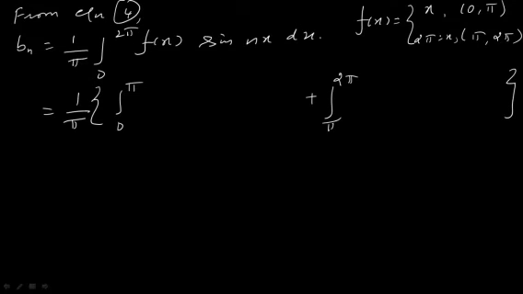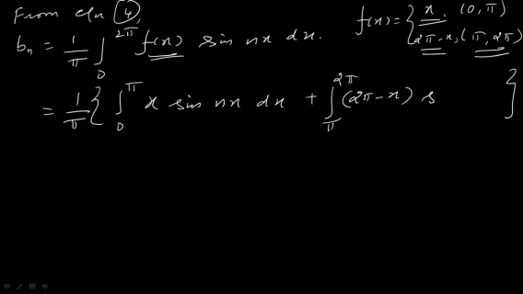In 0 to pi, f of x takes the value x. So x sin nx dx. Whereas in pi comma 2 pi, it takes the value 2 pi minus x. So you have here 2 pi minus x sin nx dx. Now what I am going to do here is separate this integral into 2. For that, take 1 by pi inside the parenthesis.